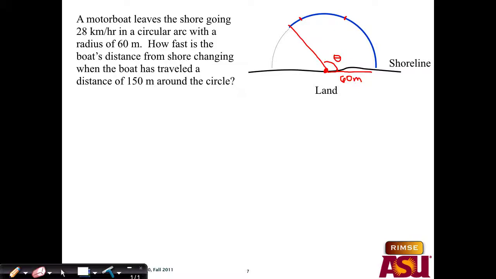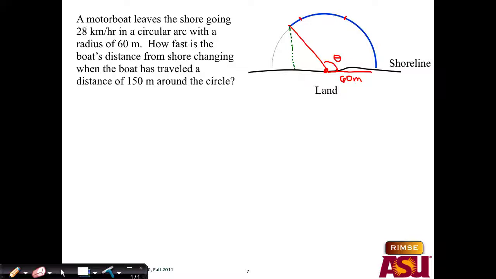So if I want to know how fast the distance from the shore is changing, I'm not talking about along this arc. I'm talking about distance. Distance is a straight line, although we are on a globe, so however you want to consider that, but small circle. So I want to know how fast this is changing at the point in time when I'm over here.